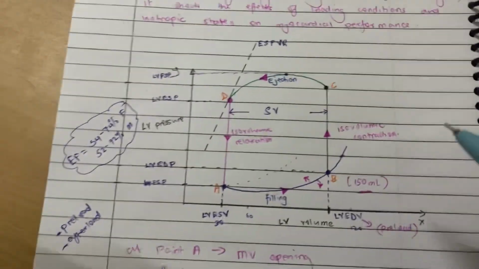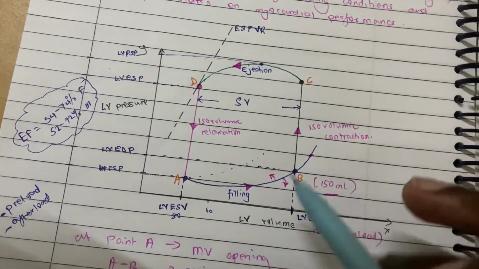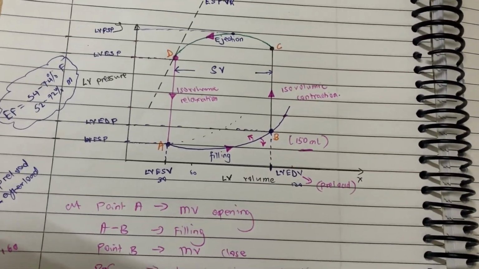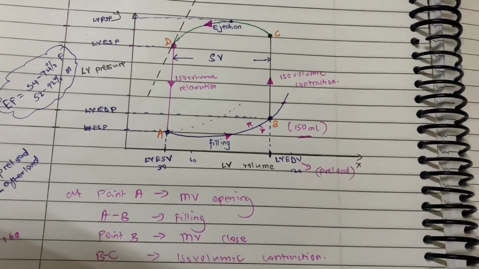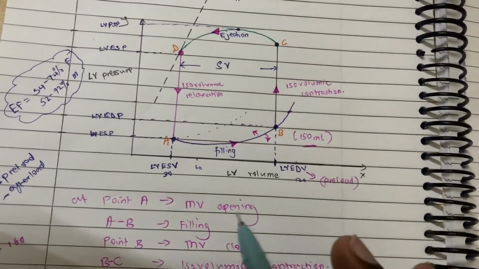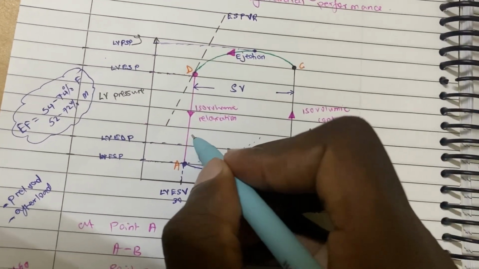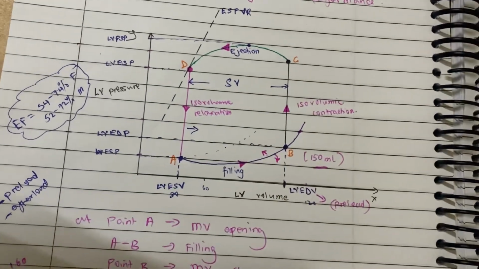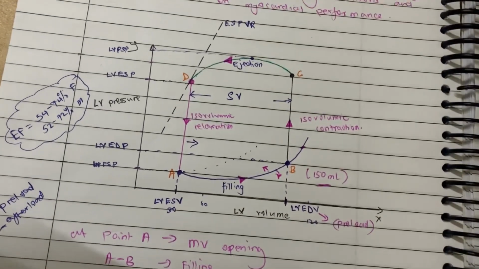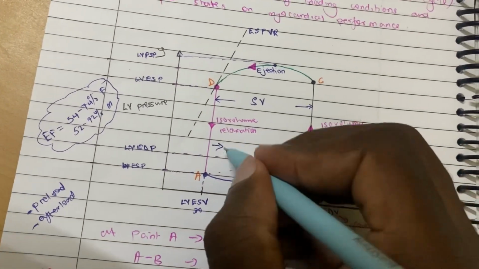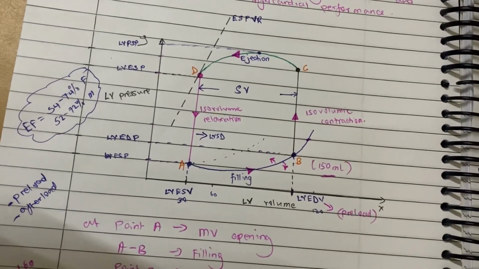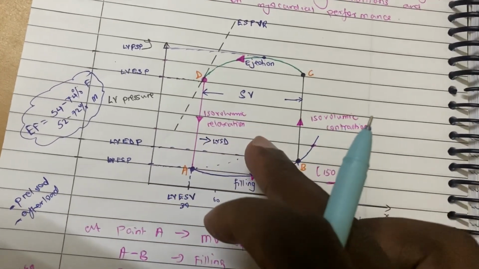Another one is, if LV systolic dysfunction is there, this line will shift to the right.